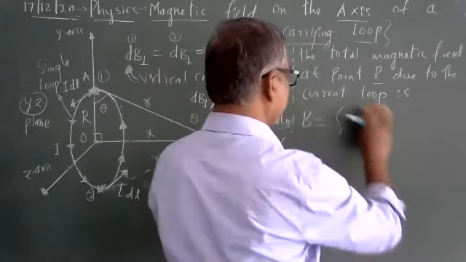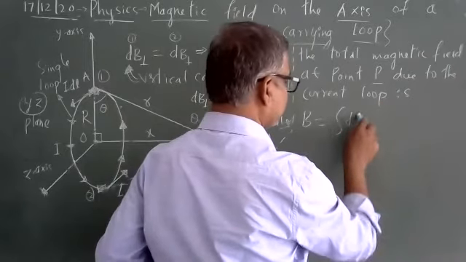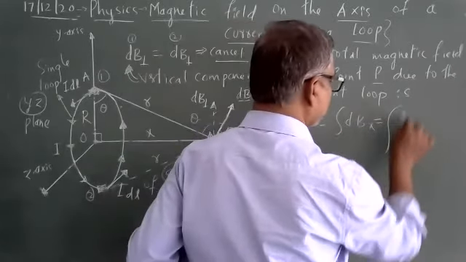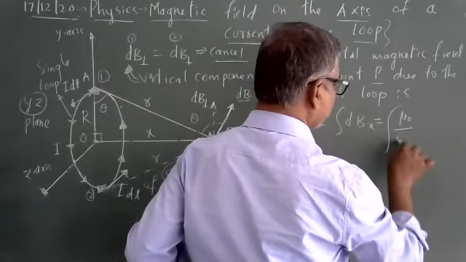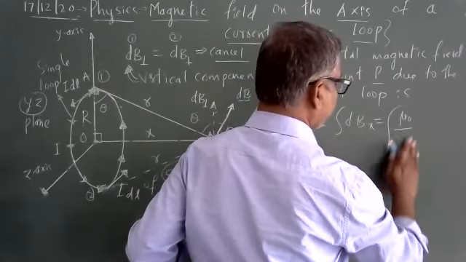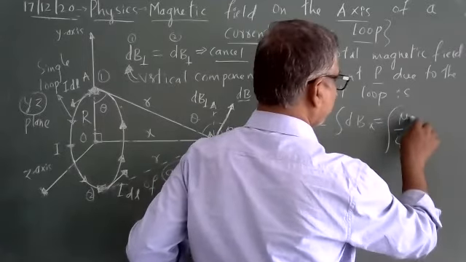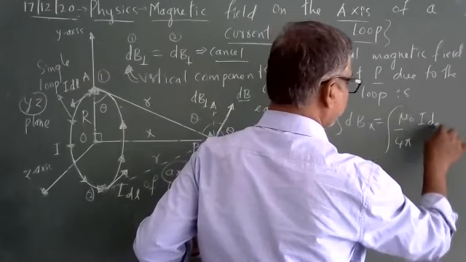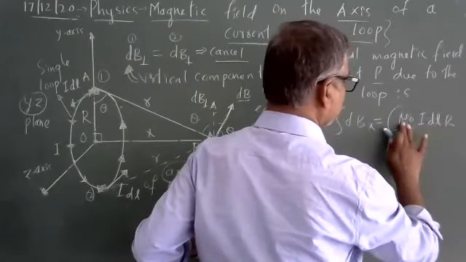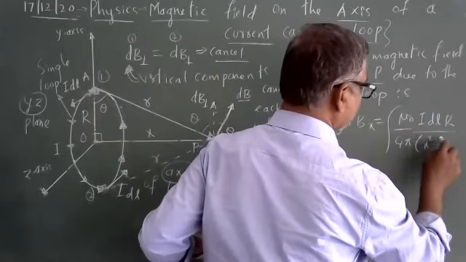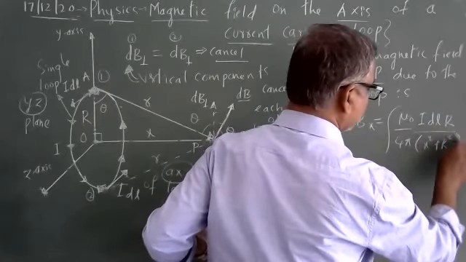In the sense, integration of dBx. Integration of dBx is nothing but integration of mu 0 divided by 4 pi, I dl, r. In the denominator, you have x square plus r square to the power 3 by 2.